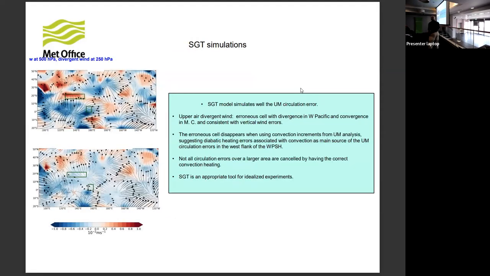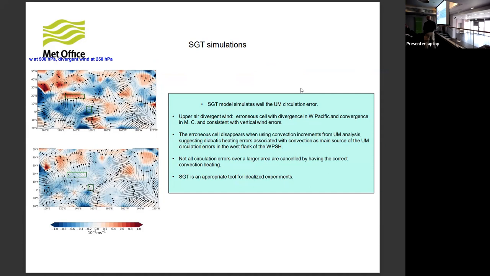And then finally, we do the transplant experiment. We use the diagnostic to get both the vertical motion and divergent wind out of the 50-day forecast average, and after the analyses, these are the errors in the vertical motion as shown by the diagnostic.